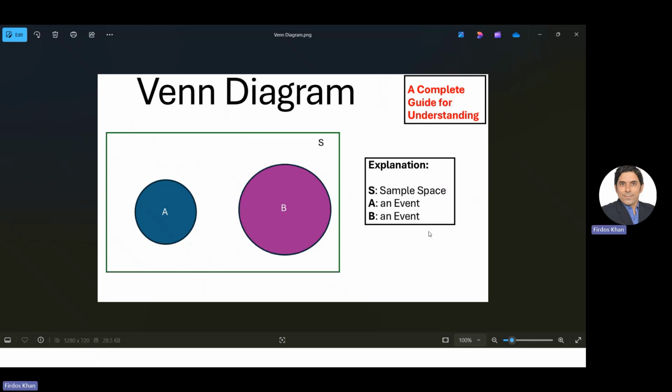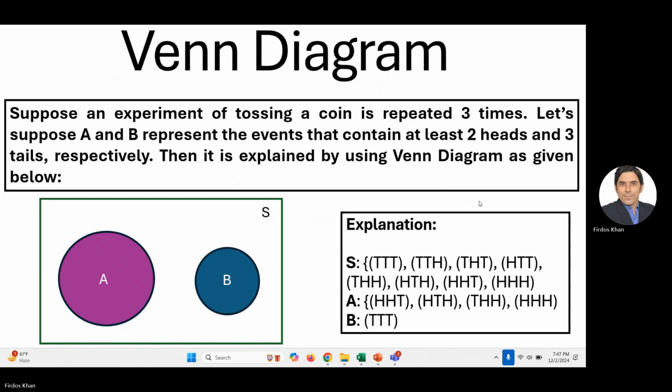Now let's move to the explanation of how we can explain this sample space and event A and event B with an example from real life. For that purpose, we suppose an experiment of tossing a coin is repeated 3 times. So you remember that we repeat this experiment by tossing a coin 3 times.